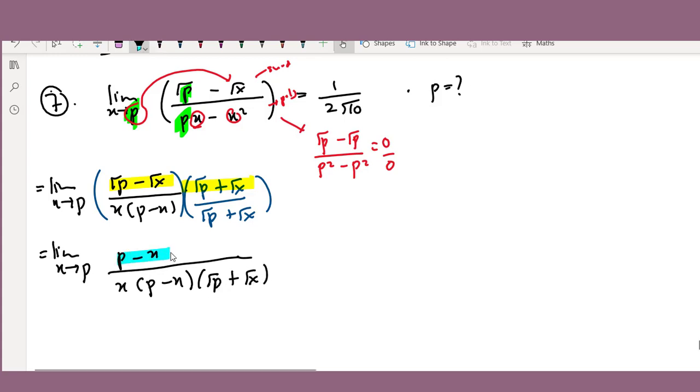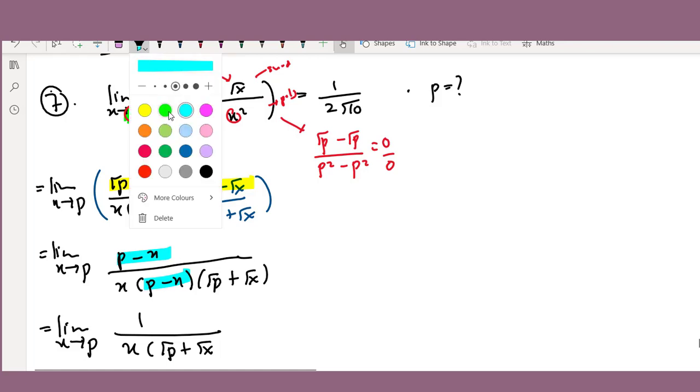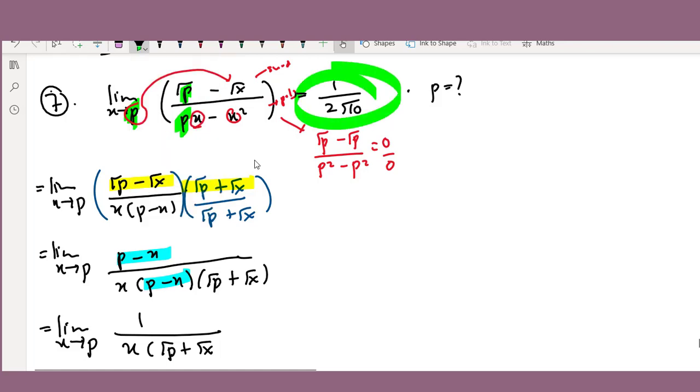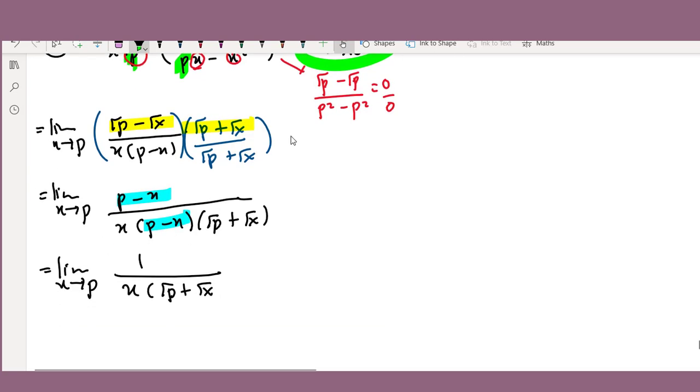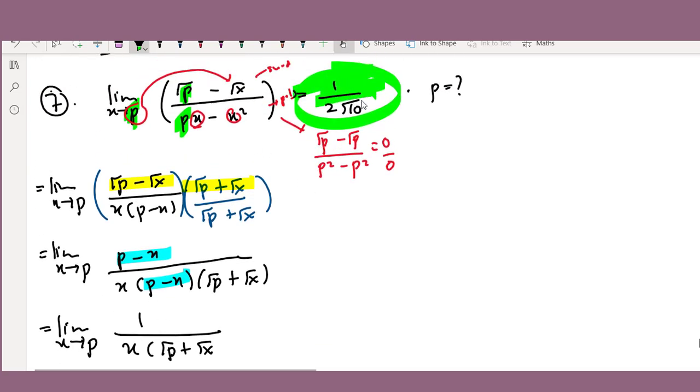So this one cancels. Then it is equal to the limit as x approaches p of 1 over x times cube root of p plus cube root of x. Make sure this is the value on the right hand side, so just equate this value to the right hand side.